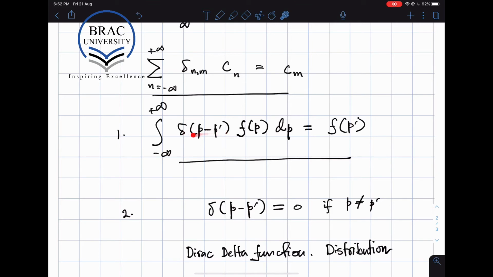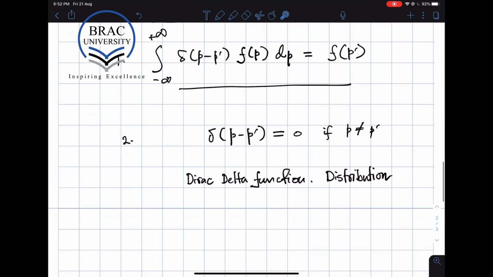But if that function samples this function at a single point, it needs to be a very peculiar type of function. In fact, you can show that this function then needs to be singular when its argument is 0. So when p is equal to p prime, the delta function is actually a singular function.